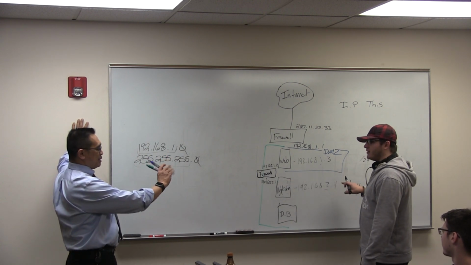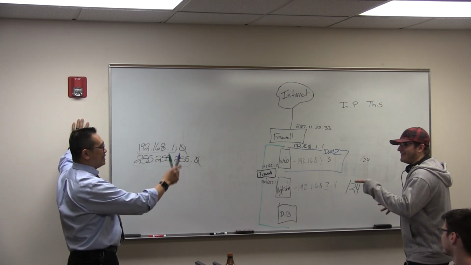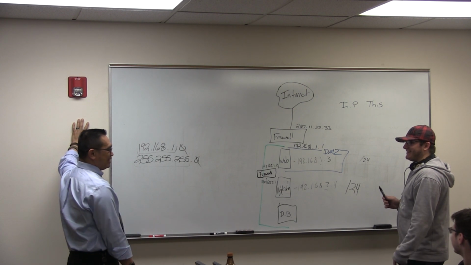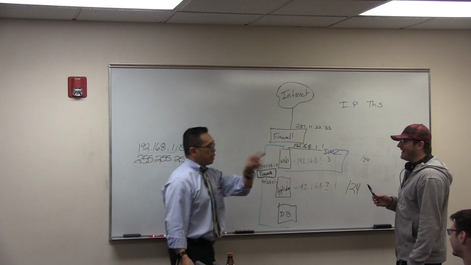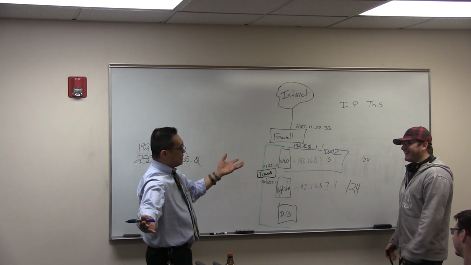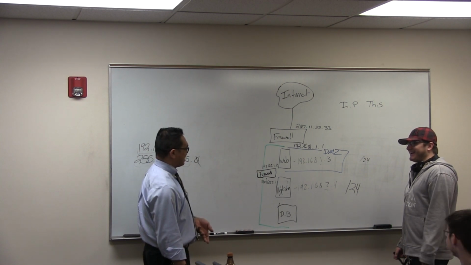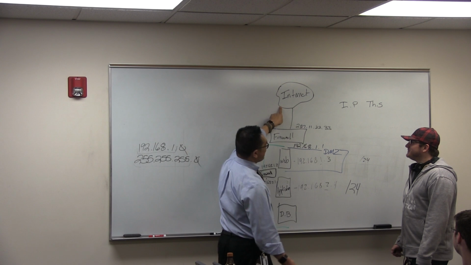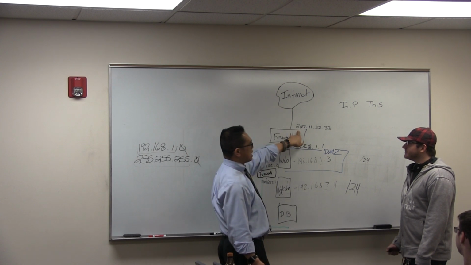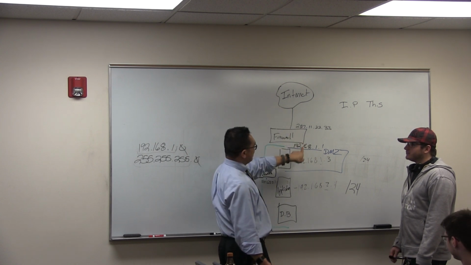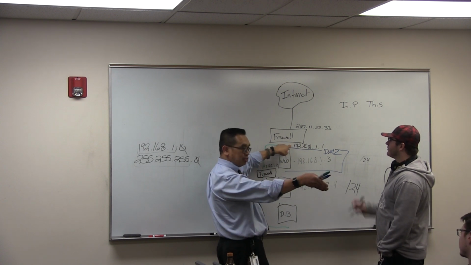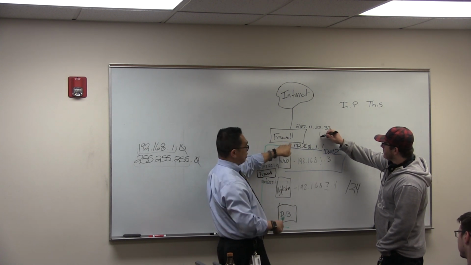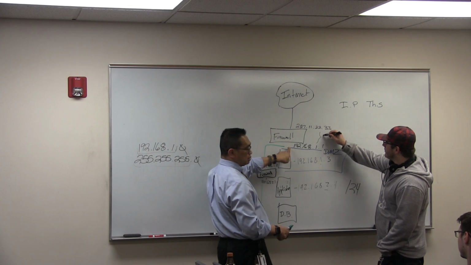Now, be the packet. How are you gonna be the packet? I don't know. Perfectly valid answer. That's why you're taking a class, right? So we come in from the internet, we hit this IP address, then we get NATted to 192.168.1.1, or at least the packet goes through there.